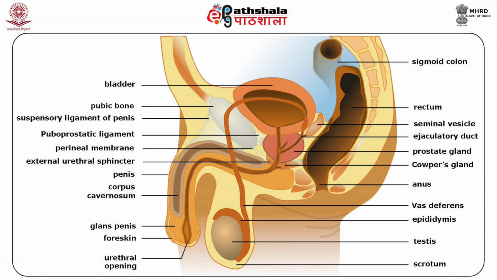Luteinizing hormone, or LH, acting on the testes results in testosterone release. The presence of both testosterone and follicle-stimulating hormone, or FSH, is needed to support the spermatogenesis process.